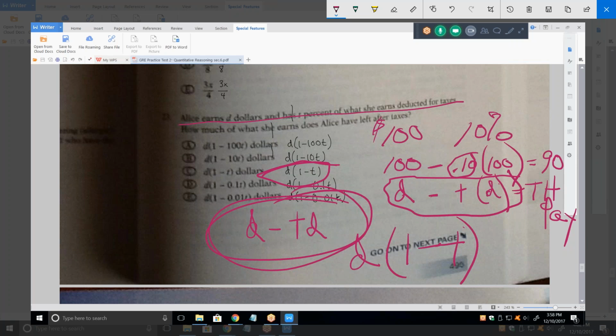But you should be too. It's easy enough to come up with this answer, but that answer isn't on there. So you have to turn this answer into one that's on there and think factor. Once you factor it, you do get something that's on there.